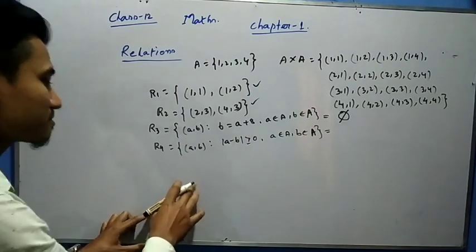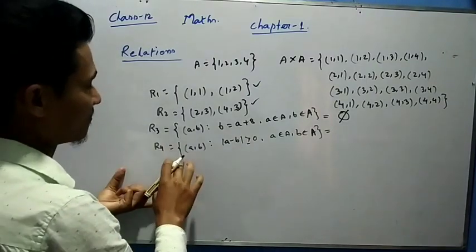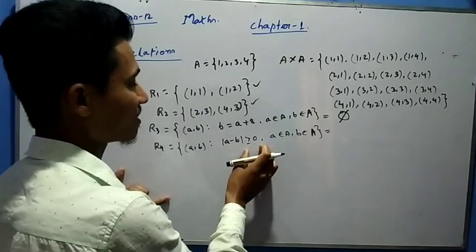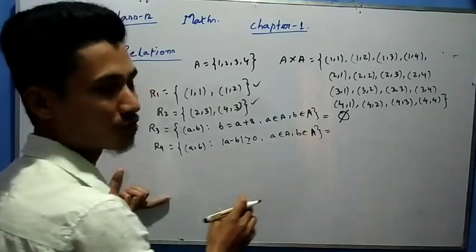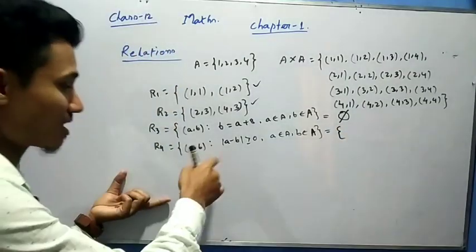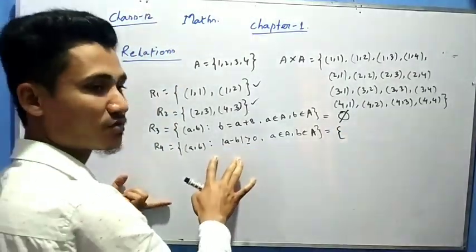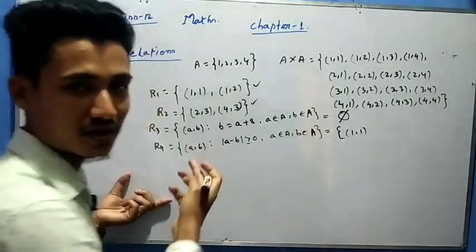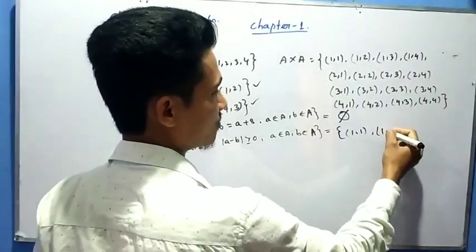Okay. So next you see R4: {(a, b) such that a minus modulus of a minus b greater or equal to 0}, a belongs to A, b belongs to A. So what ordered pairs will come? (1, 1), yes, it will come. (1, 2), yes, it will come. Why?